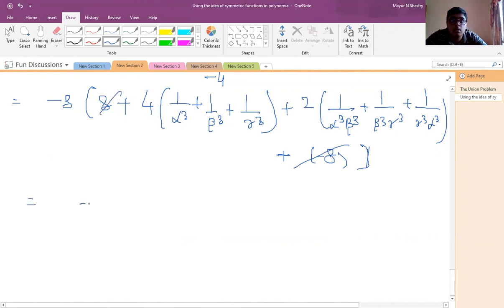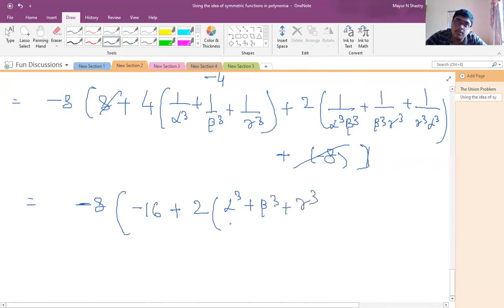So now what do we have? So we have minus 8 times 4 times minus 4, that is minus 16, plus 2 times. So we can take the LCM here. You notice that you get (alpha cube plus beta cube plus gamma cube) divided by alpha cube beta cube gamma cube. And again, 1 by alpha beta gamma was negative 2.